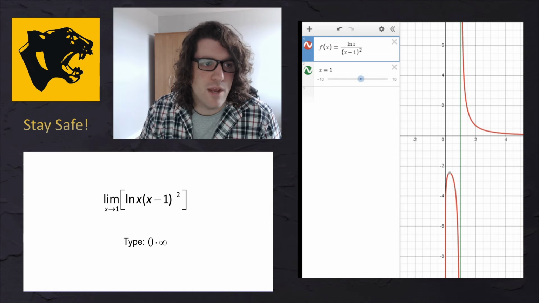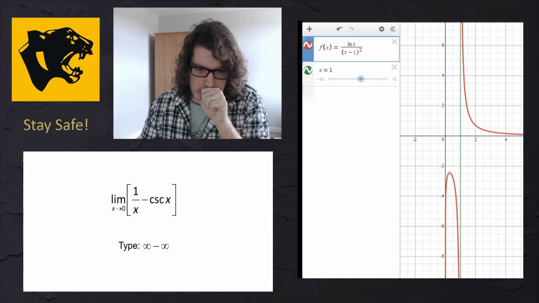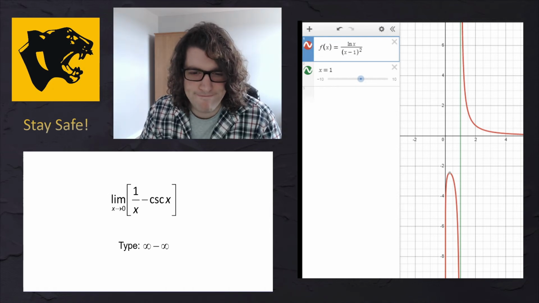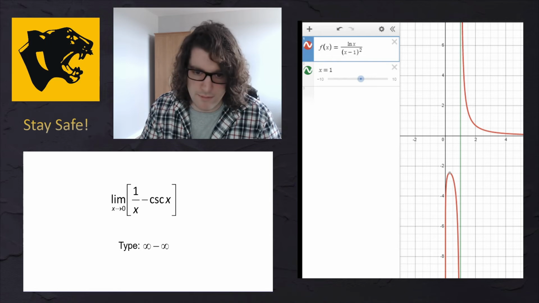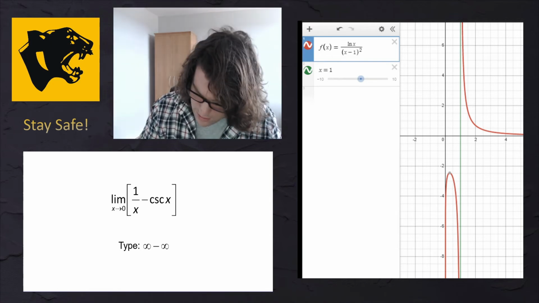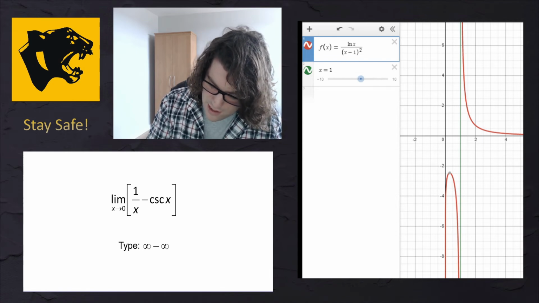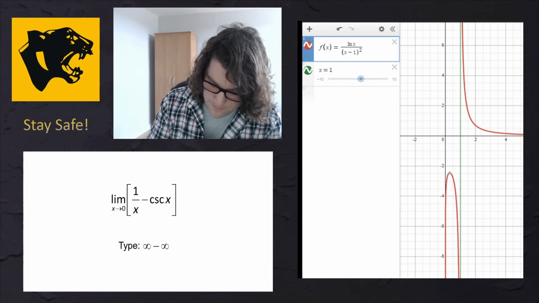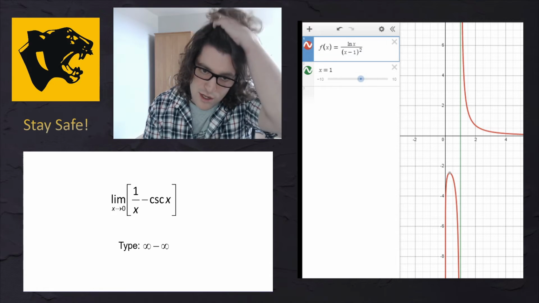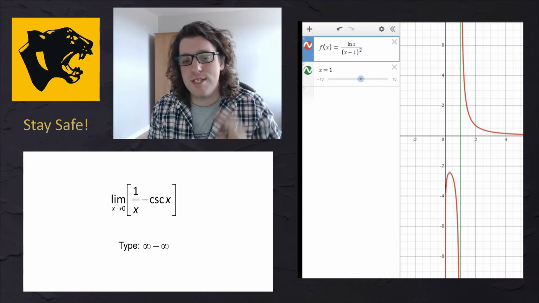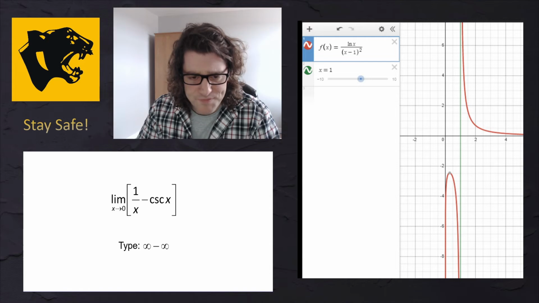So there's another one a little bit different. So this one, the switch over to being like our L'Hopital's rule that we can describe is going to be a fairly small switch. In this case, I have two separate pieces that are subtracted from each other.